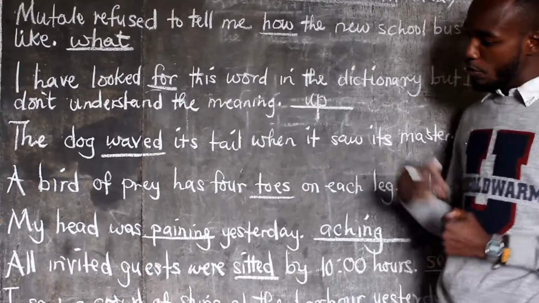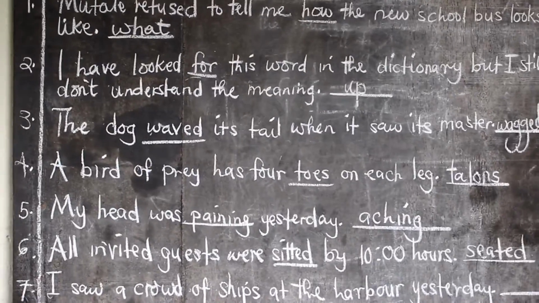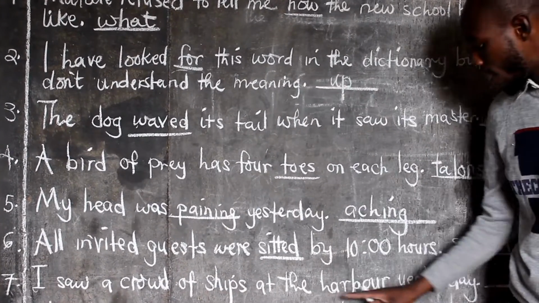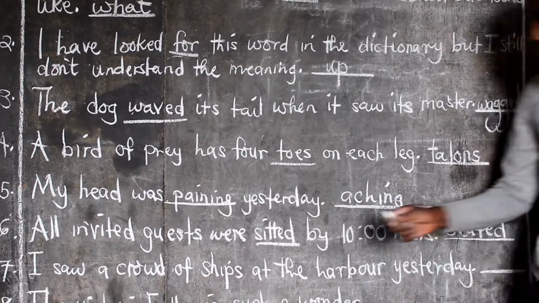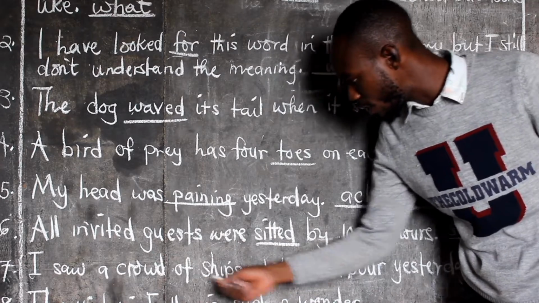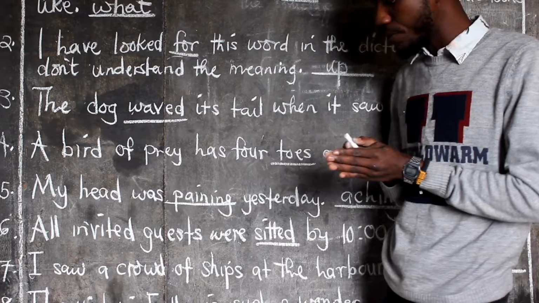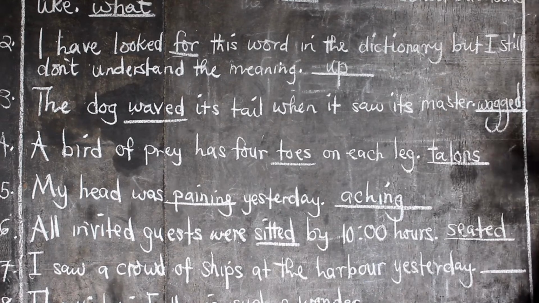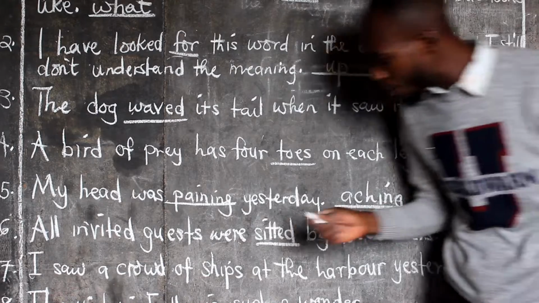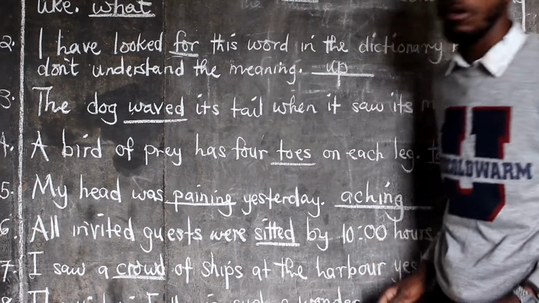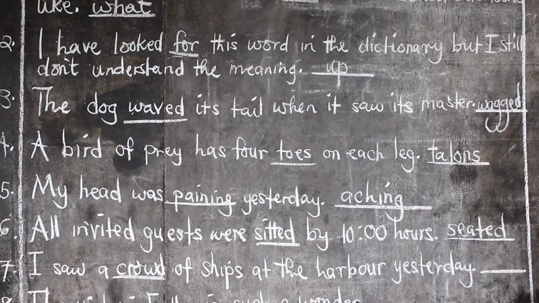Next one, shall we look at number 7? I saw a crowd of ships at the harbor yesterday. Now, we have ships. These are not animals, but very big boats, ships. Now, when they are a group of them, we don't say, by the way, this was the collective noun which was used there.